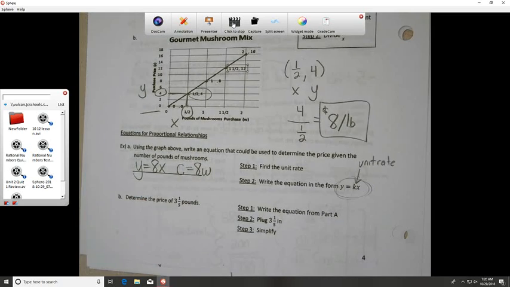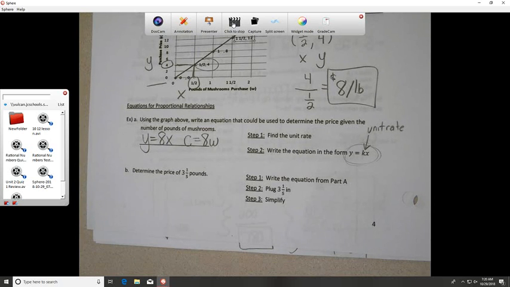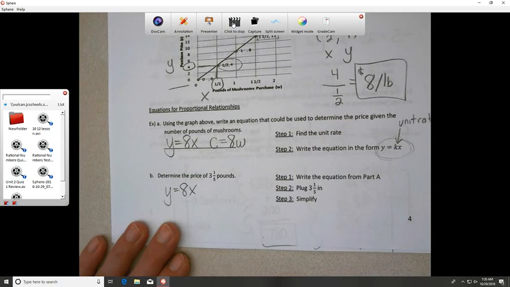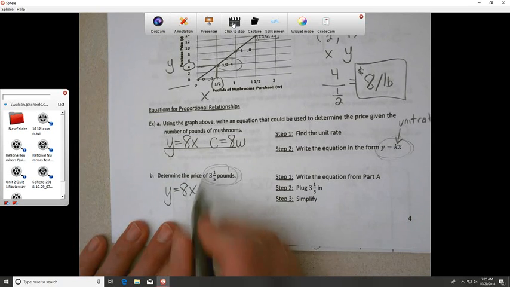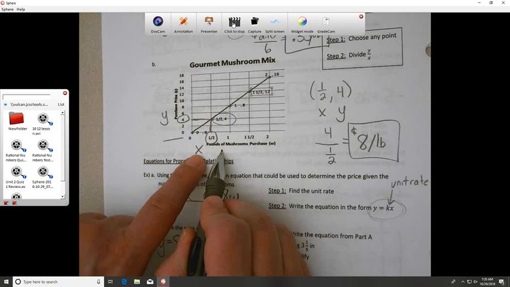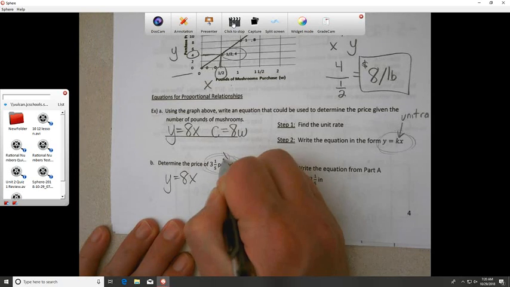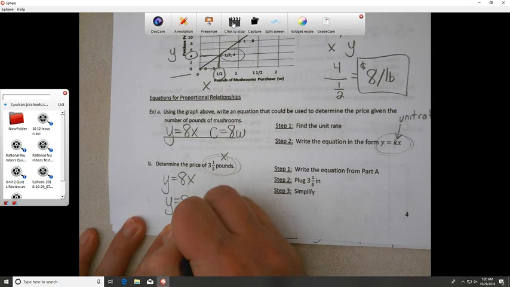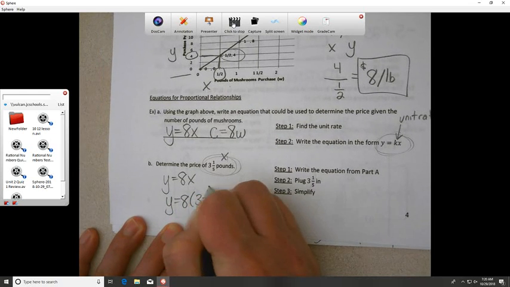So then part B says, determine the price of 3 1/5 pounds. So I'm going to write down my equation again. So if you used y equals 8x, that's fine. Now we have 3 1/5 pounds. So if I look up here at my graph, the pounds is x. So if this is pounds, that needs to get plugged in for x. So I'm going to have y equals 8 times 3 1/5. And then I'm just going to type that into my calculator.